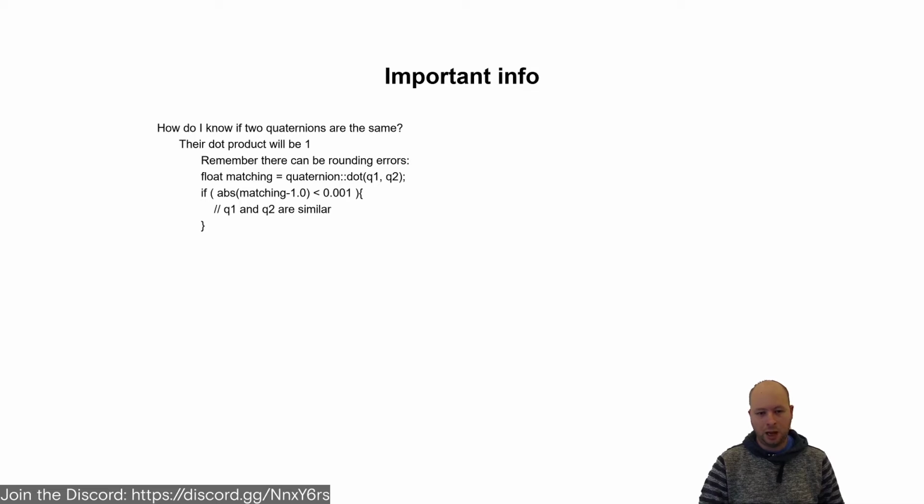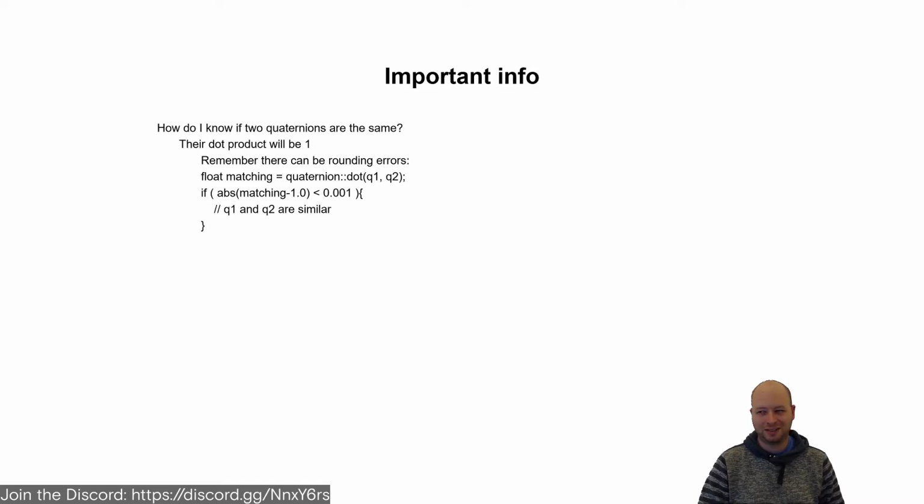Right. If you're doing this with GLM, if you're doing this mathematically, there will be rounding errors. Keep in mind, it's pretty difficult to know the two quaternions are exactly the same. The numbers may be similar in some cases. You can have two quaternions that represent the same orientation. They're not entirely unique.